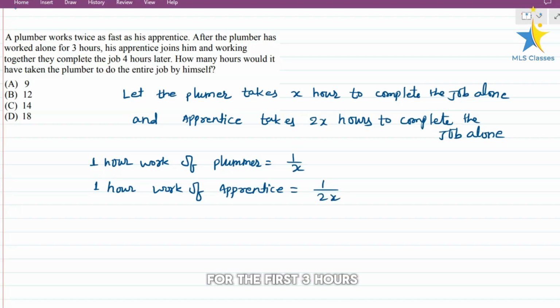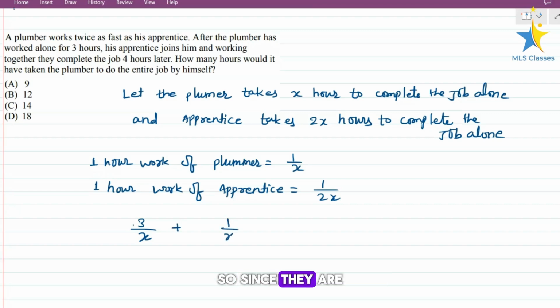For the first 3 hours the plumber has worked alone. That means in 1 hour he can do 1 over x of the job, so in 3 hours he can do 3 over x. Then after 3 hours his apprentice joins him, and working together they complete the job 4 hours later.